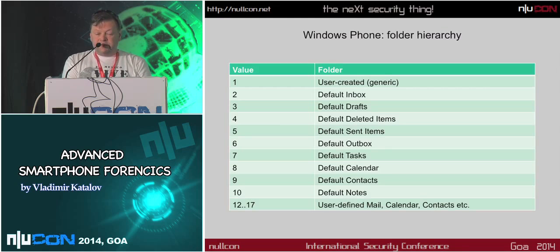And here are standard folders available on Microsoft, and you can see not only mail folders, like inbox, drafts, and so on, but also tasks, notes, calendars, and so on. Basically all the commands are the same, you just change the ID of the folder to get all the information out of there.